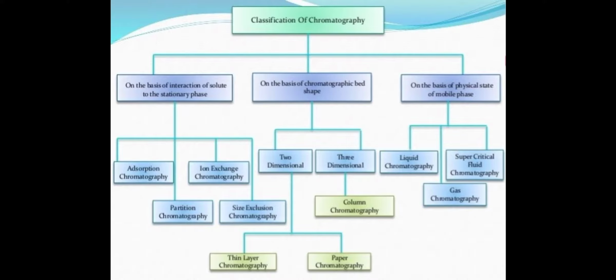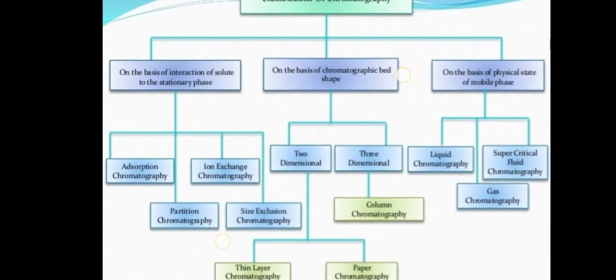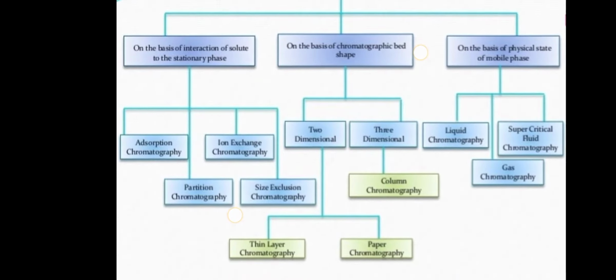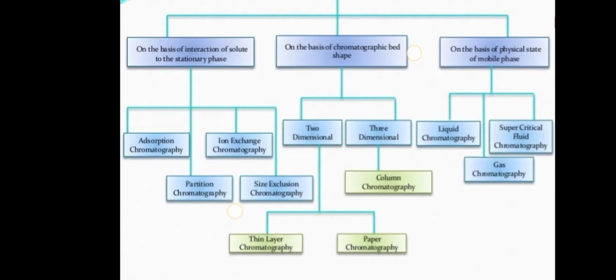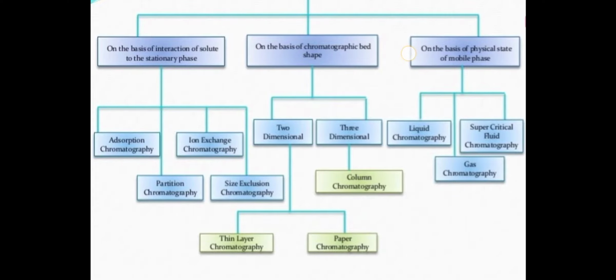So on the basis of interaction of solute, how our sample behaves with stationary phase, it is classified into four types. First is adsorption chromatography, second partition chromatography, third ion exchange chromatography, and fourth is size exclusion chromatography.